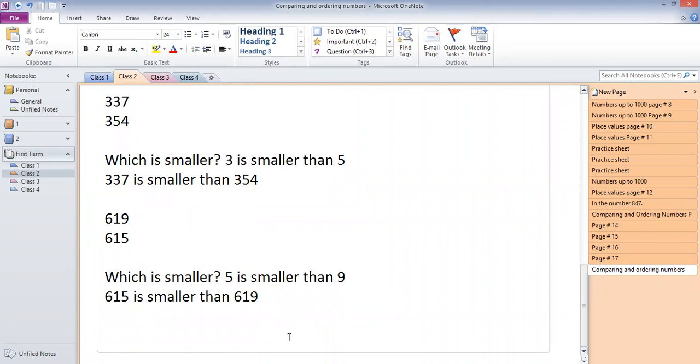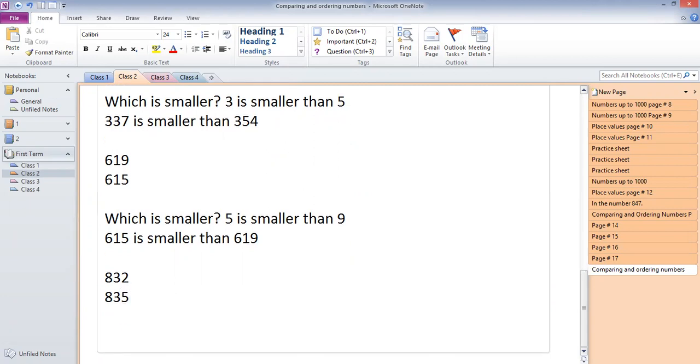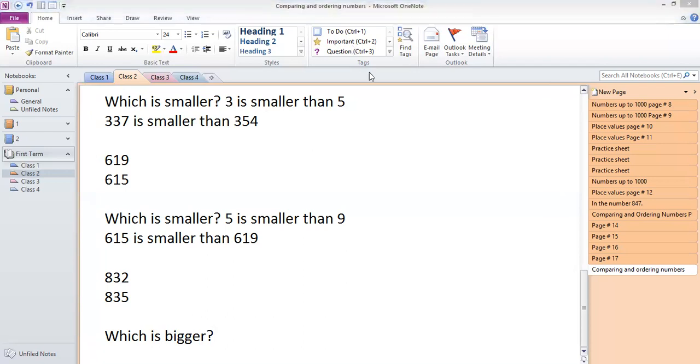I give you the example 832, 835. Now I ask you which is bigger. So which is bigger, 832 or 835? Yes, guys. Which is bigger?